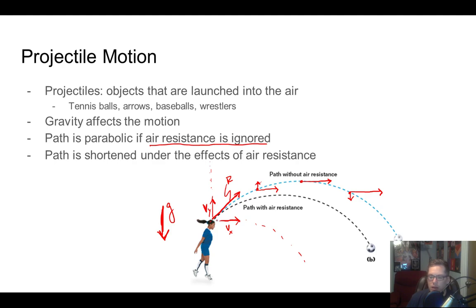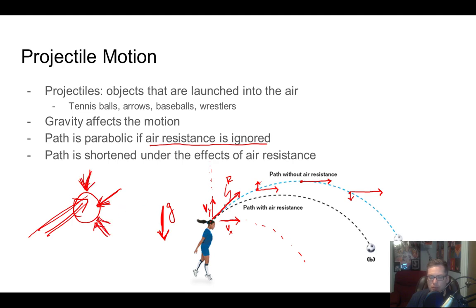All right, and then with air resistance, if we imagine our soccer ball, air resistance is going to push against it in whatever direction we're headed. So if we're headed generally this way, air resistance is going to affect it more here and here, right?